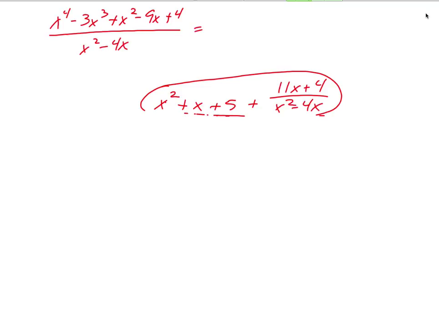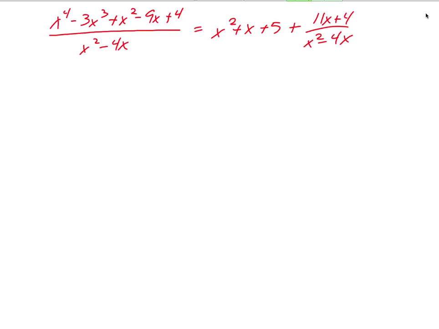So this right here is equal to x squared plus x plus 5 plus 11x plus 4 over x squared minus 4x. Those 2 things are equal. And like I said, we're happy with this. We just need to work on that other piece.